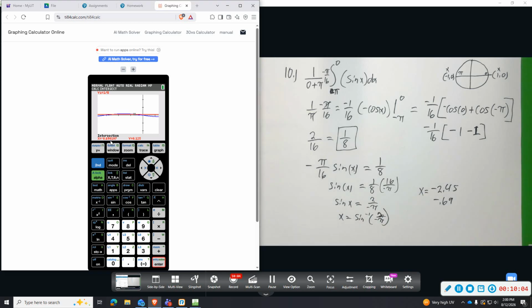Okay, now if I were to use what we got by hand, it'll give us one of those answers. So if I do inverse sine, it's in blue, second inverse sine, and I'll do negative 2 divided by pi.